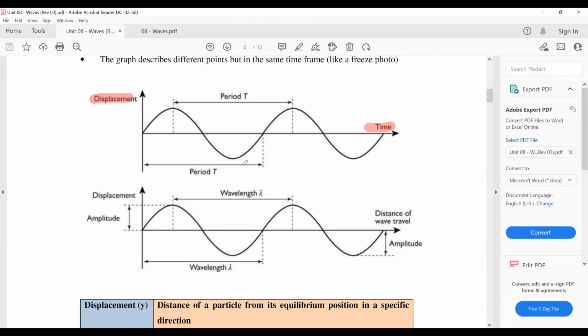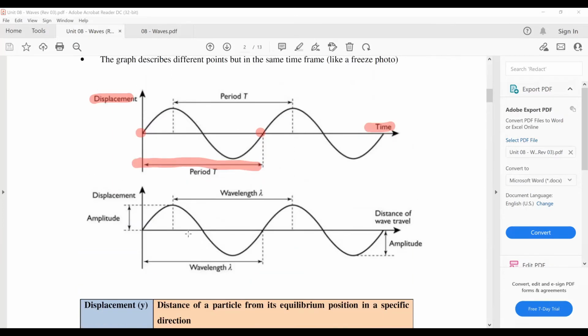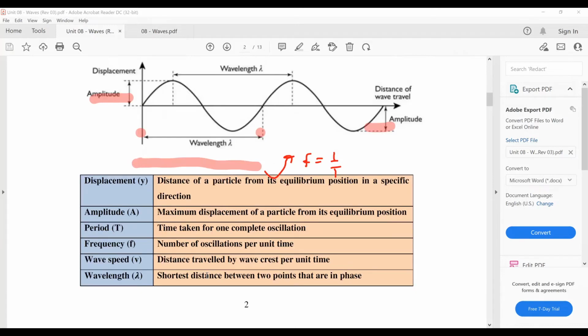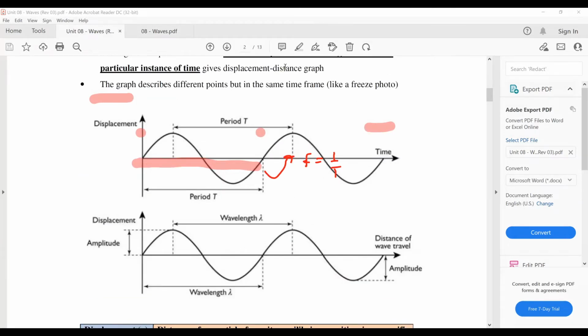Then from the period you can get your frequency, as 1 over the period. Wave speed you cannot deduce directly from the graph. You have to calculate it.